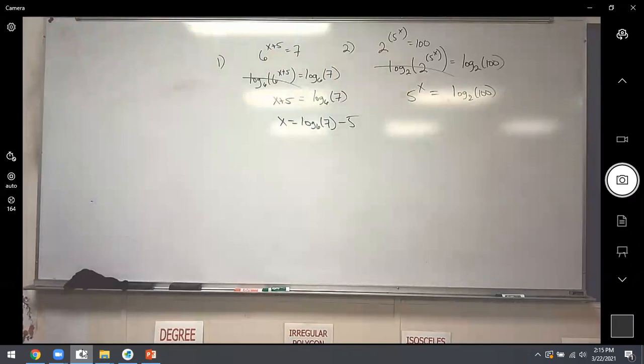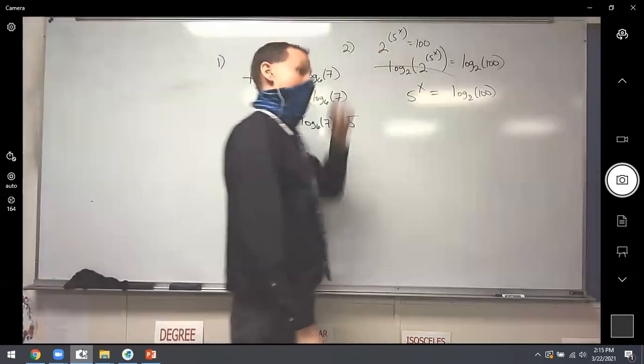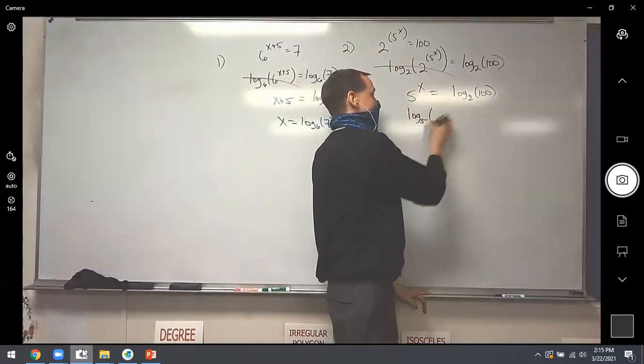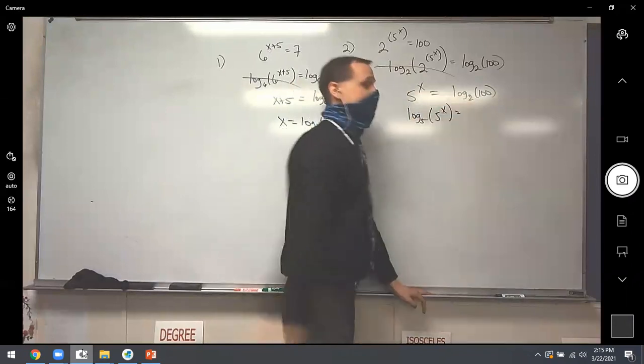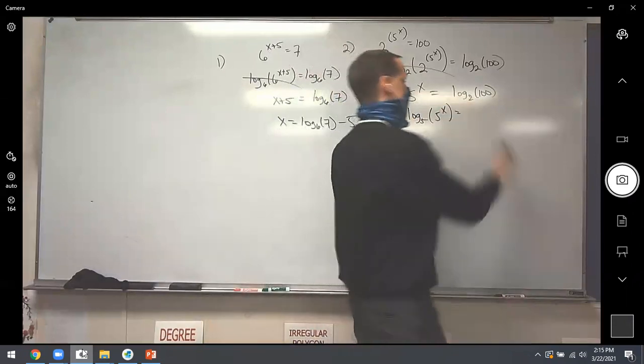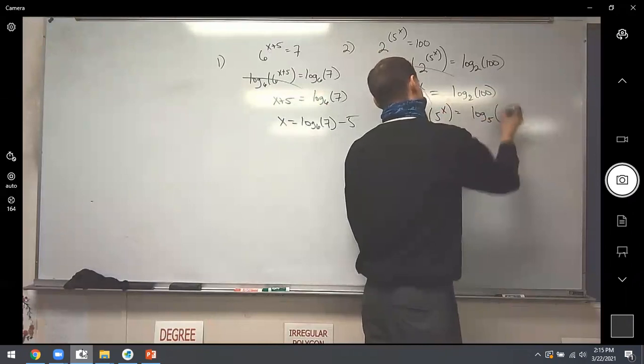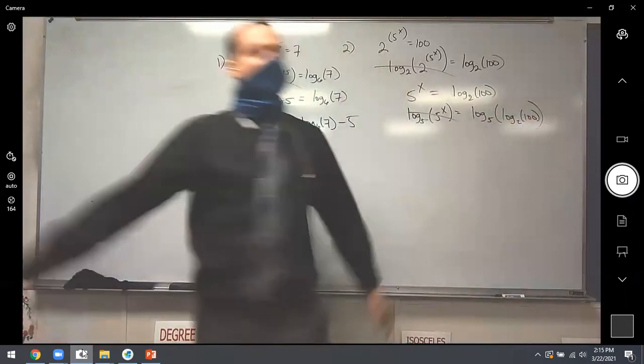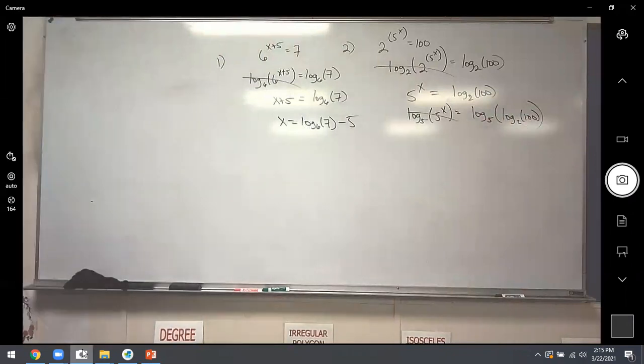How are you going to undo this 5 to something? Log base 5, yeah. So I will do log base 5 of this side, which, as awkward as it is, over on this side means I need to do log base 5 of this. And of course, x equals that nonsense.